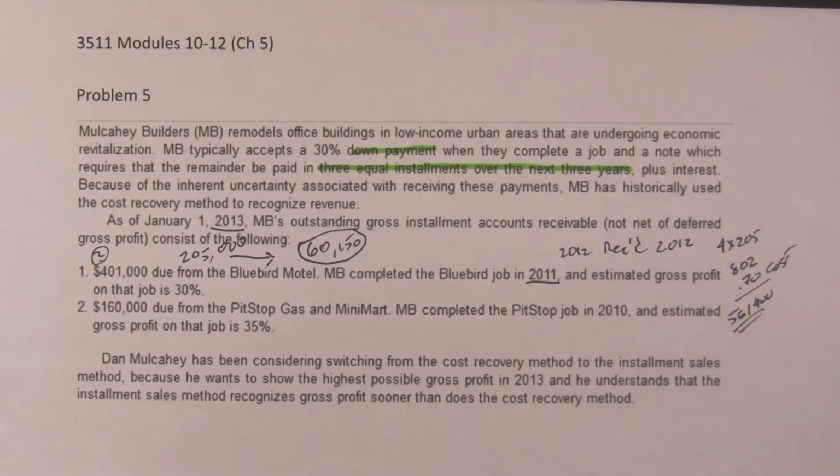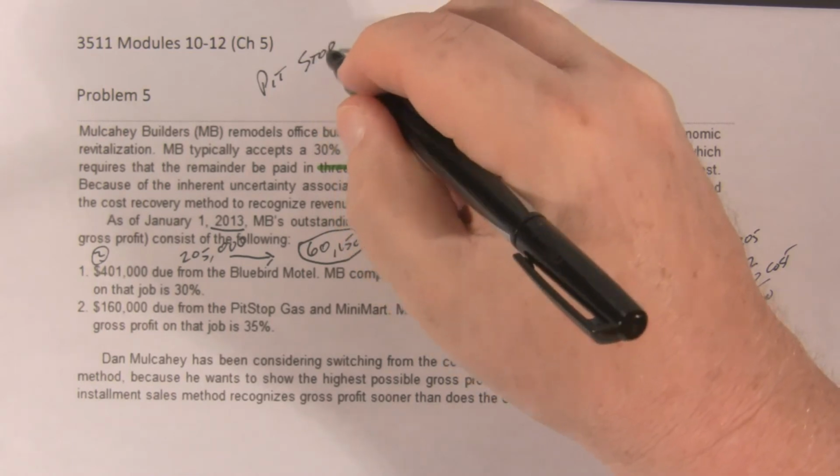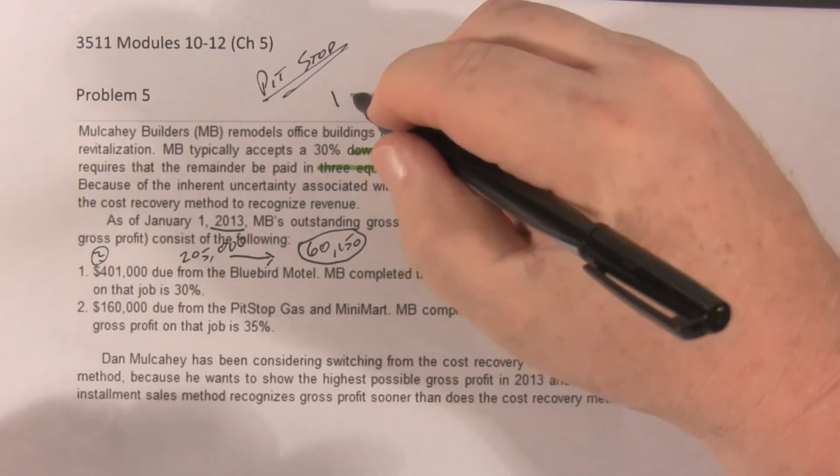So let's take a look at Pit Stop and do the same thing for them, okay? We'll do our scribbling up here for Pit Stop so we're not trying to write real tiny. Now, Pit Stop, the job was completed in 10, so there's a payment made in 10, then there's one in 11, and then there's one in 12, and so there's only one payment left.